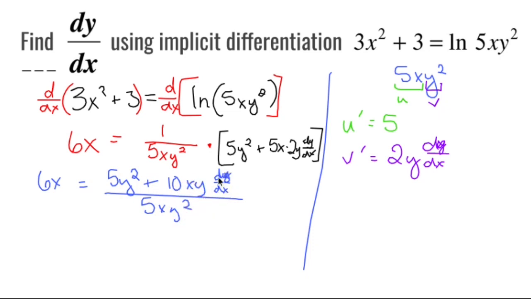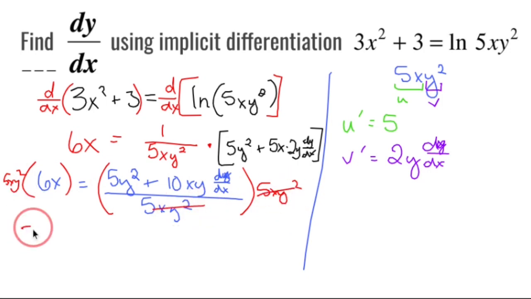Now what I have to do is get dy/dx all by itself. So I'm going to multiply both sides by 5xy squared. That'll allow me to get rid of this on the bottom.